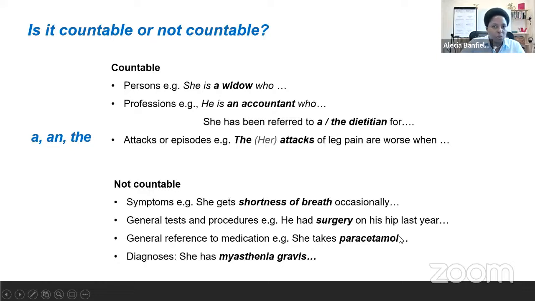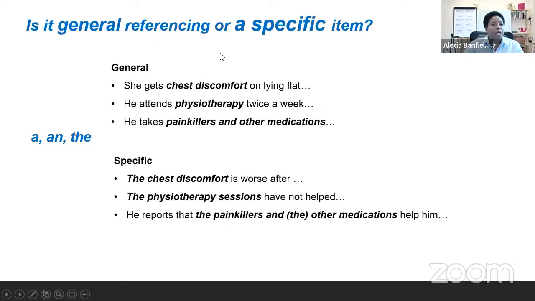We're not worried about what brand she takes or anything specific, or when she takes them or the last time she took them. We're just saying generally she takes paracetamol. Also not countable, diagnoses. She has myasthenia gravis, not a myasthenia gravis.